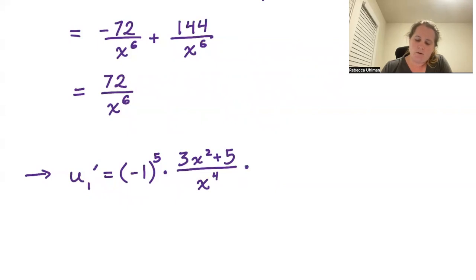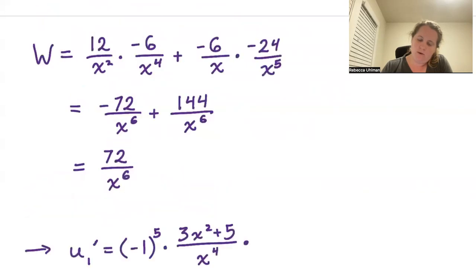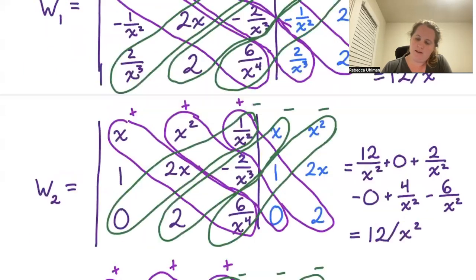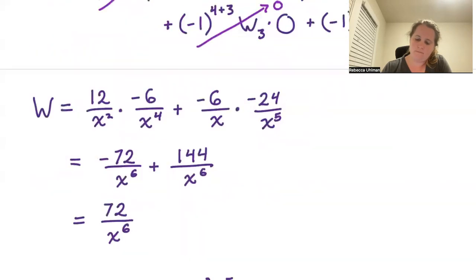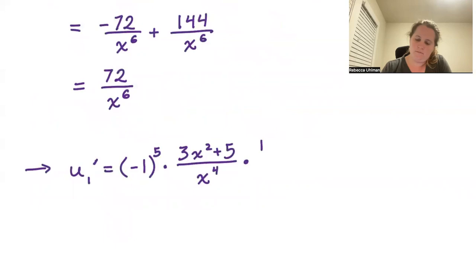Then we are going to multiply by our W1, which was 12 over x to the 4th, divided by W, which was 72 over x to the 6th.